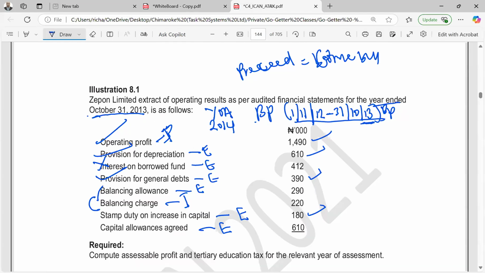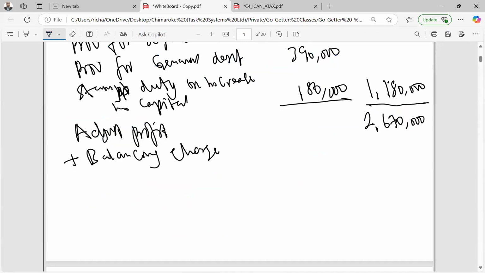What is our balancing charge? Our balancing charge here is 220. You add 220. You add them up. This gives me 2,890,000.